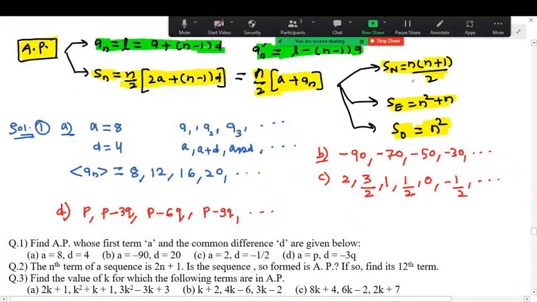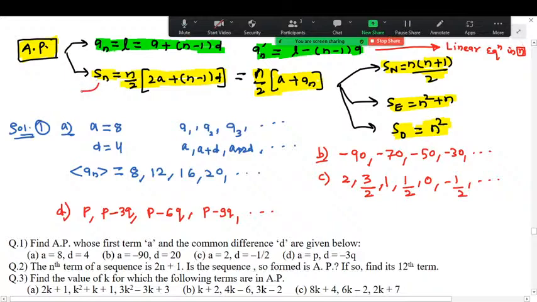We have also come to know about the concept that when terms are in AP, their nth term is, I am just writing here, a linear equation in n. The nth term of an AP is always a linear equation in n if the sequence is in AP.